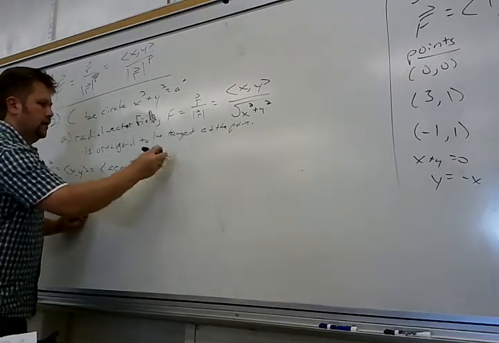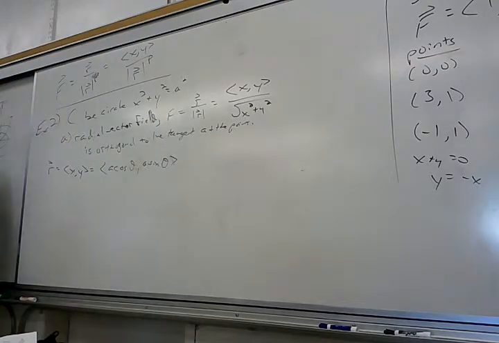Now, how do I get the tangent line? Taking the derivative to find the slope. Not really a partial on this level, because we did it before we did partials. All I have to do is take the derivative of R with respect to the parameter. There's only one parameter here, so it's not really a partial.